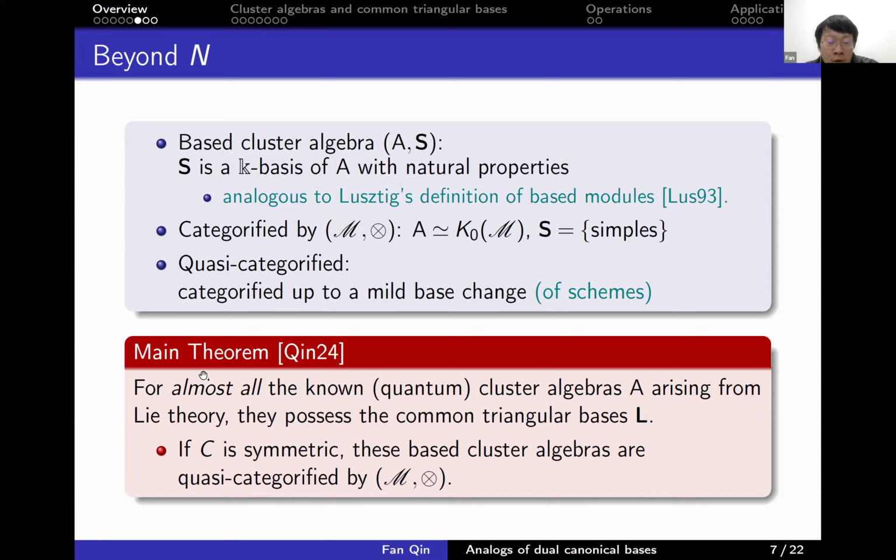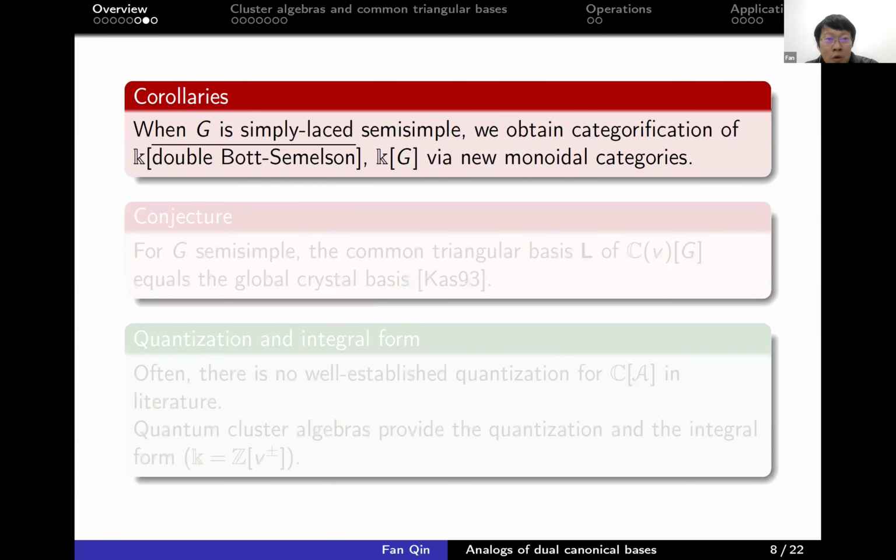And by almost all, I mean, so far, there's a limited number of families of cluster algebras that have been found from Lie theory, and we check most of them except for one family. At the end of the talk, I will put an appendix where you can see the list of these cluster algebras. But for technical reasons, let's just skip the very complicated list. And we have a corollary. For some varieties, we have a stronger result.